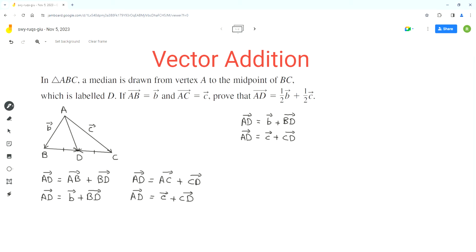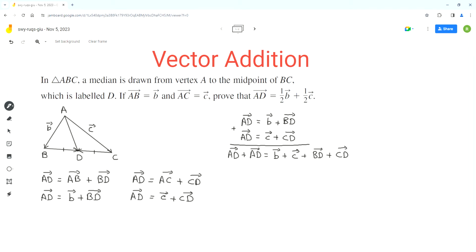Now if we add these two equations, we get AD plus AD vectors equals vector B plus vector C plus vector BD plus vector CD.